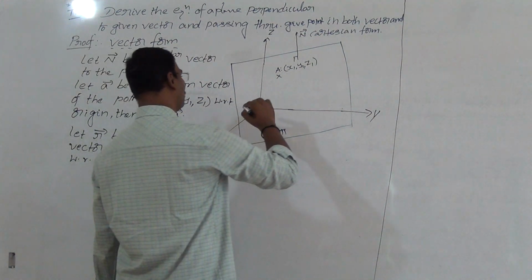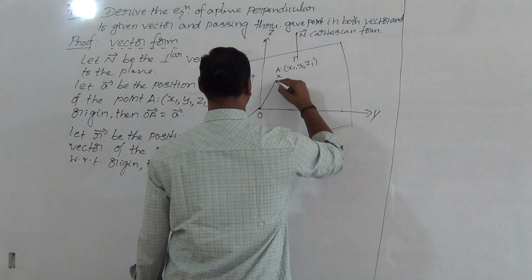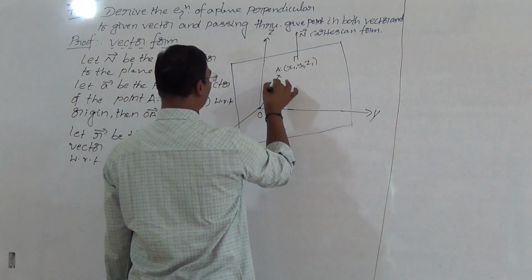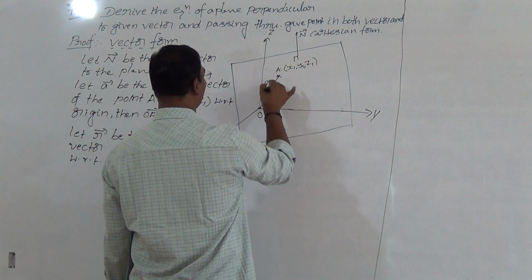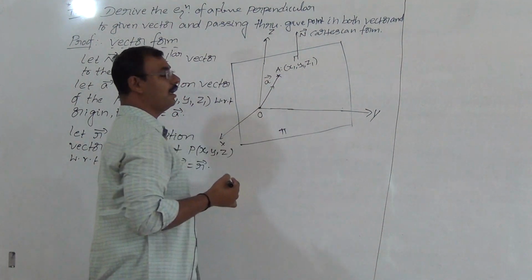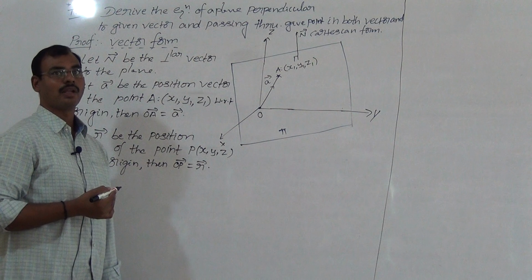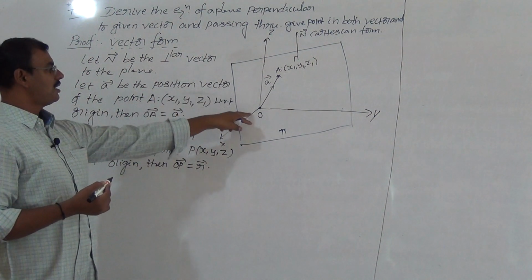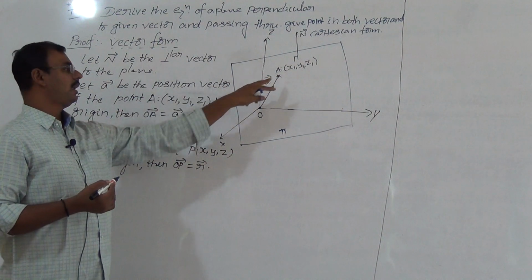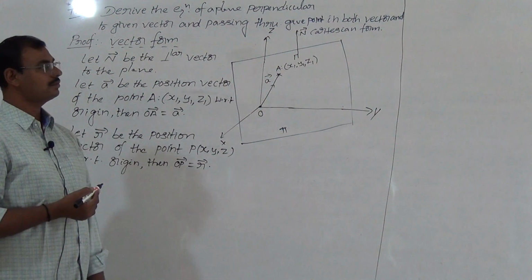Now joining OA, we get OA vector. Let A bar be the position vector of the point A with respect to origin.